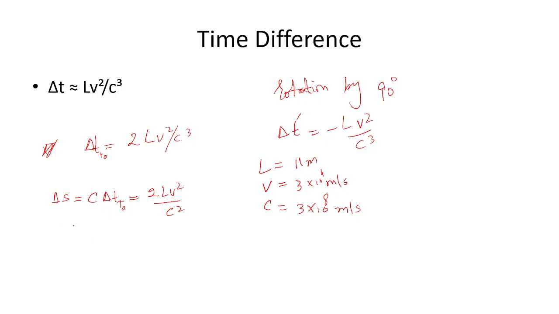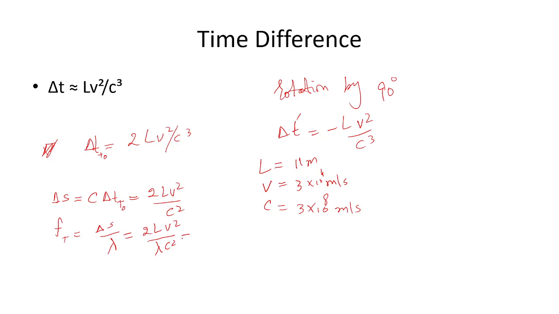And then the fringes are defined by dividing this distance by the wavelength. That should be delta S, the change in the path difference, over lambda, where lambda is the wavelength of light. So this formula becomes 2L V square over lambda C square. So this will be the fringes difference.